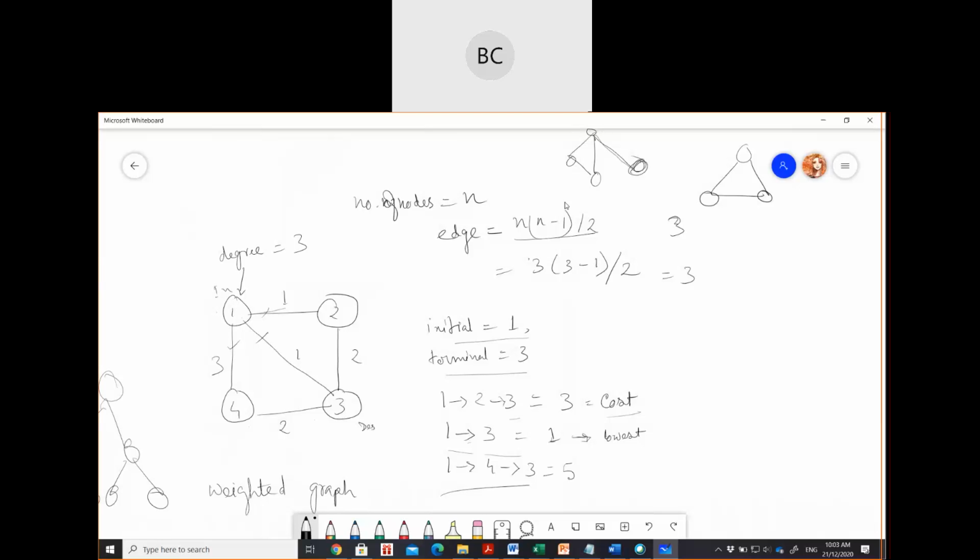That is for a graph. Okay, or I can say complete graph. The degree should be at least 1. Okay, there should be at least one edge connected to a particular node. Then it will be a complete graph or just graph. If I say degree equal to 0, what will that mean?